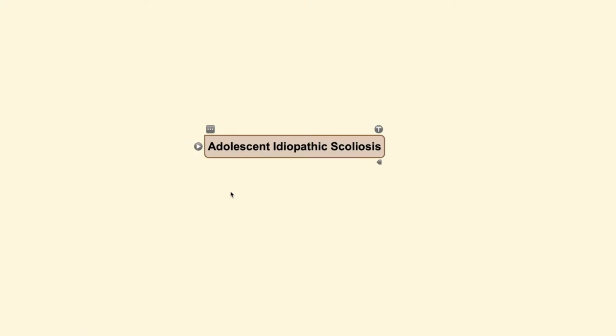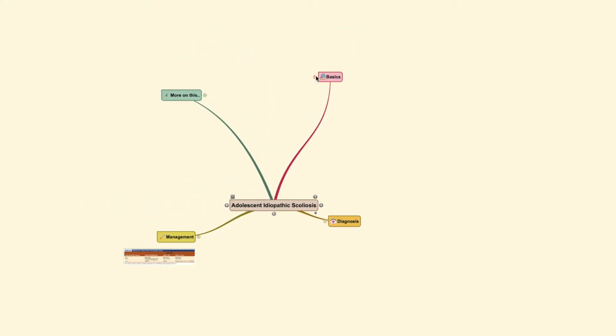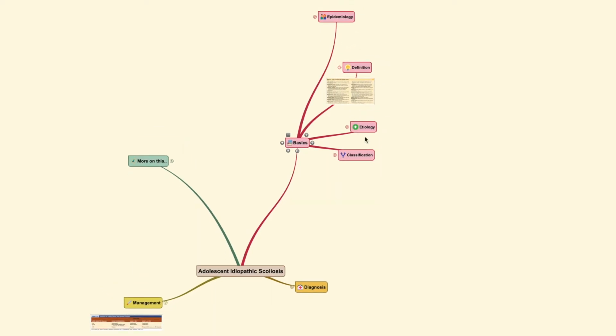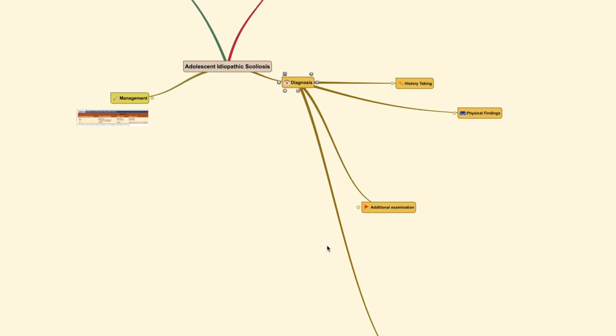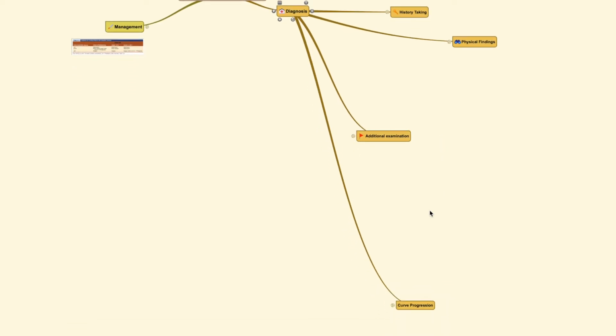Today we'll be talking about adolescent idiopathic scoliosis. Because this is such a huge topic with a very wide coverage, I'm going to divide it into two parts. In this first part of the video, we'll discuss the basics, which include the epidemiology, definition, etiology, classification, and also some part of the diagnostic process, which includes the history taking, physical findings, and additional examination.